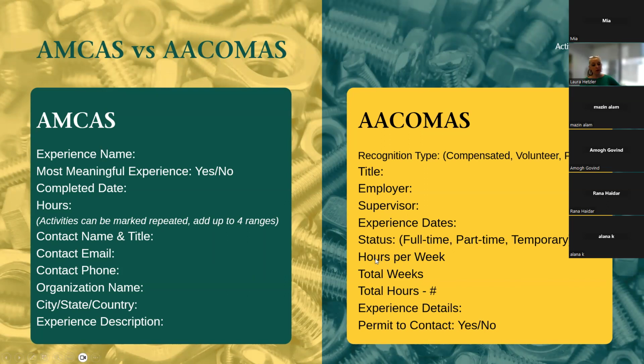But most people have been tracking their hours, not per week. So what you want to do is take those total hours that you've logged and figure out how many weeks you spent on that activity. So if it was 13 weeks and it was 130 hours, you divide your total hours that you've logged by the total number of weeks that you've been there.